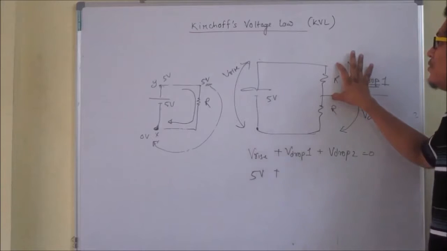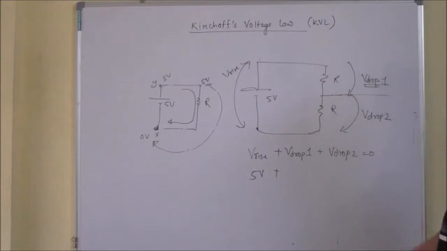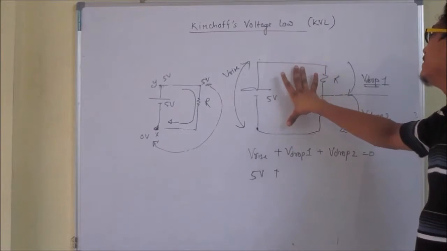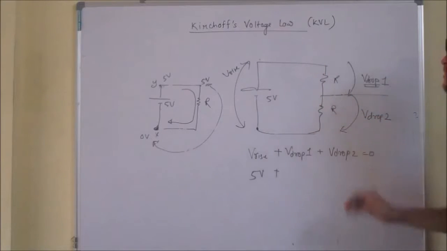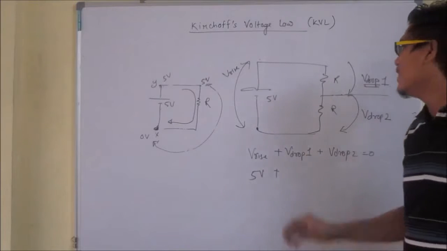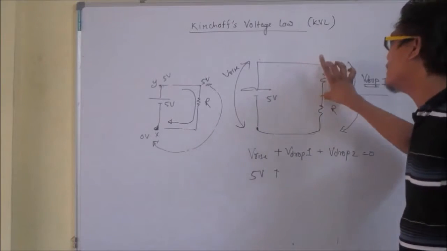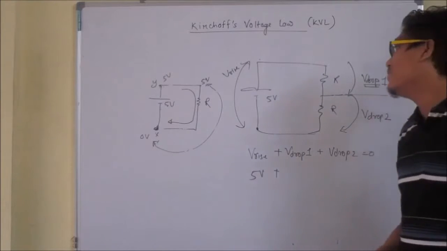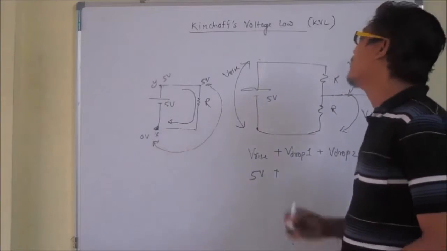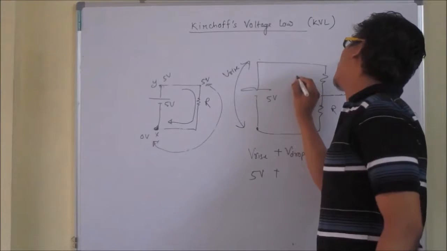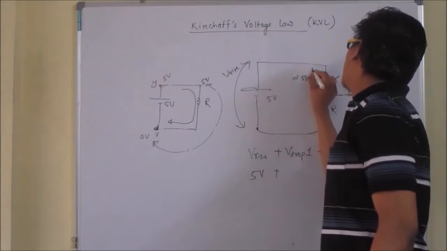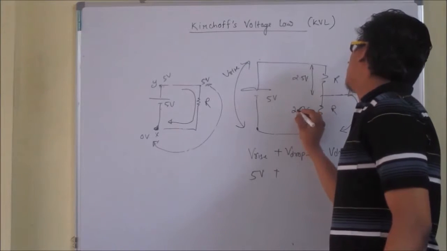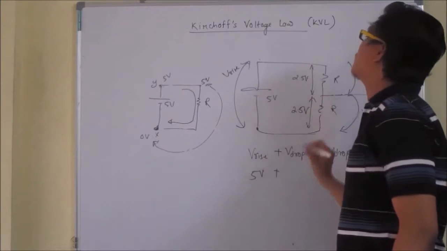Now there are two same amount of resistors connected and 5 volt is applied across them. Then obviously by logic we can say that half amount of voltage is consumed by this R and half amount of voltage is consumed by this R. Therefore, what is the half of 5? 5 into half is 5 by 2, that is 2.5 volts will be consumed by this, and 2.5 volts will be consumed by this one.